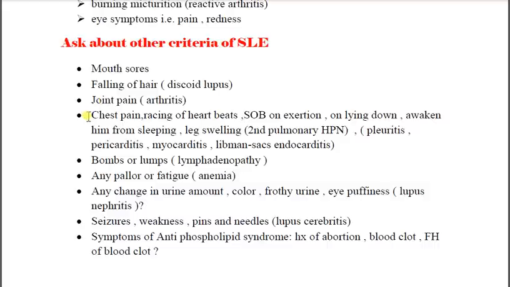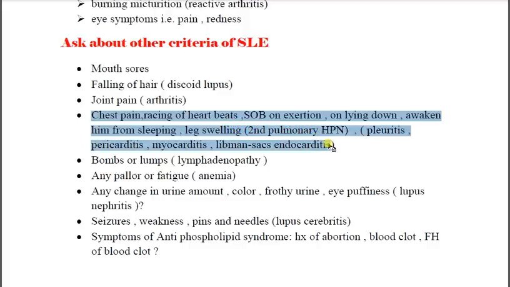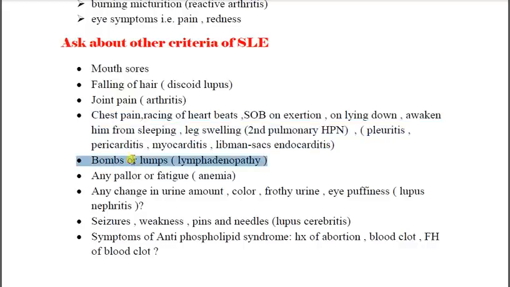Cardiovascular symptoms, because this patient may have pleuritis, pericarditis, myocarditis, Libman-Sacks endocarditis. So you have to ask about all the cardiovascular symptoms: any chest pain, racing of heartbeats, shortness of breath, leg swelling. Any lumps or bumps, as they may also have lymphadenopathy.